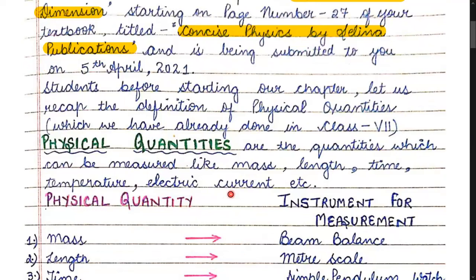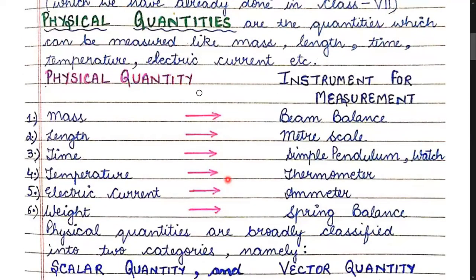Students, before starting our chapter, let us recap the definition of physical quantities, which we have already done in class 7th. Physical quantities are the quantities which can be measured, like mass, length, time, temperature, electric current, etc. All these quantities we have already learned in class 7th.